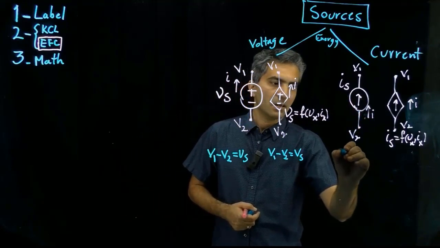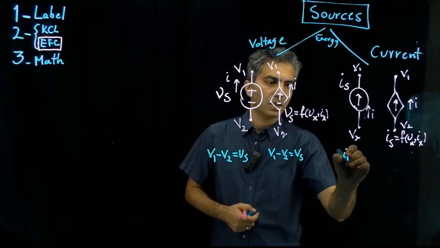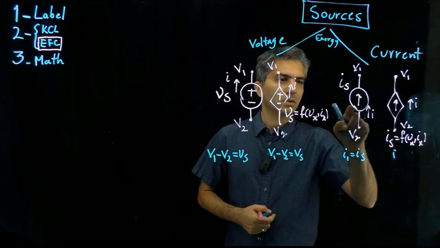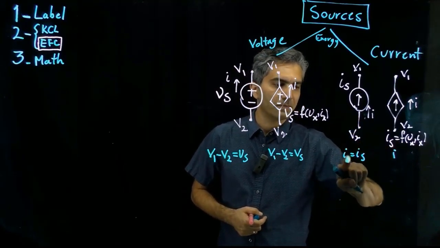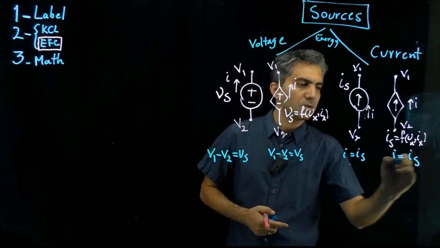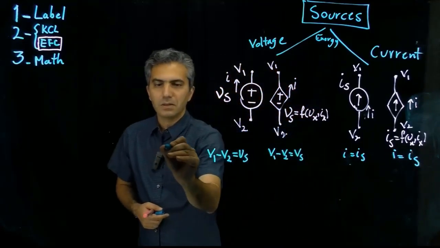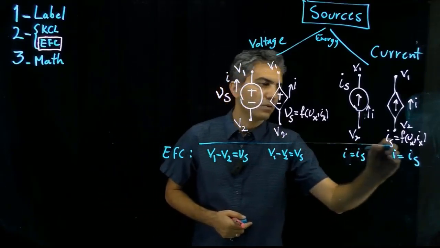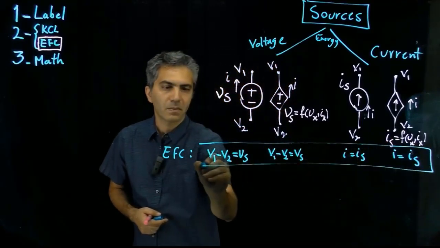In this case, I is equal to Is, same I, there's no I1, it's actually I. So I is equal to Is, and here I is equal to Is. These are the equations for these components.